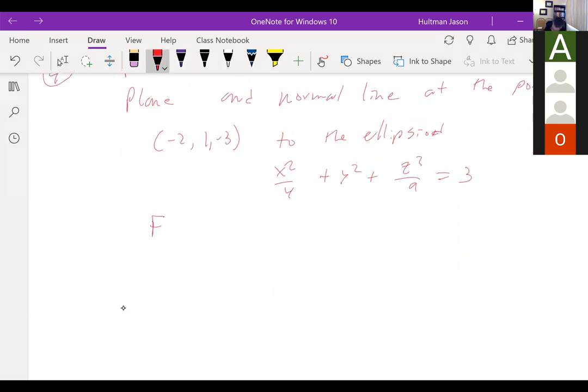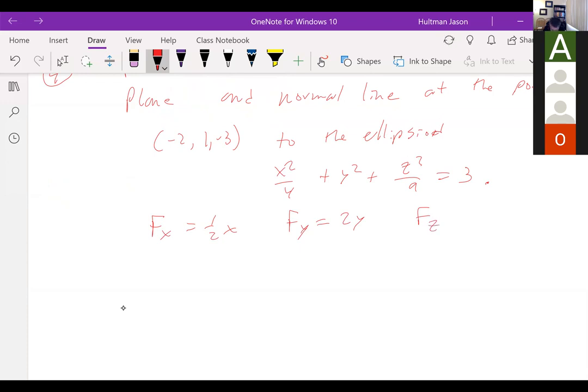Okay, so f sub x equals 1/2 x, right? Does that make sense? The partial derivative with respect to x is 2x over 4, so 1/2 x. What's the partial derivative with respect to y? Well, that's 2y. What's the partial derivative with respect to z?